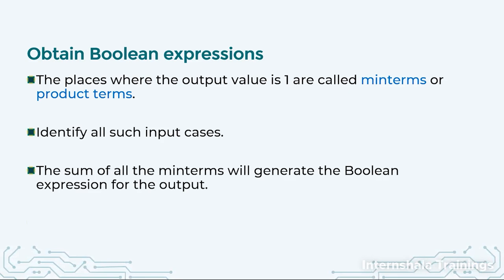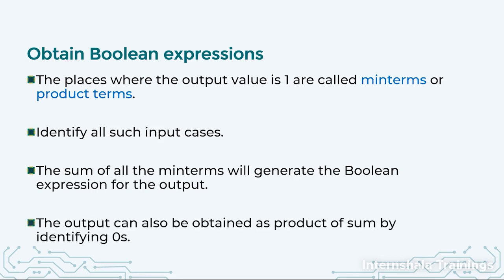So the sum of all these minterms will generate the Boolean expression to describe the output function, and we can also identify zeros and get our Boolean expression in terms of product of sum. Both these examples were described in the previous video. So now we have our Boolean expressions with us. What is the next step?